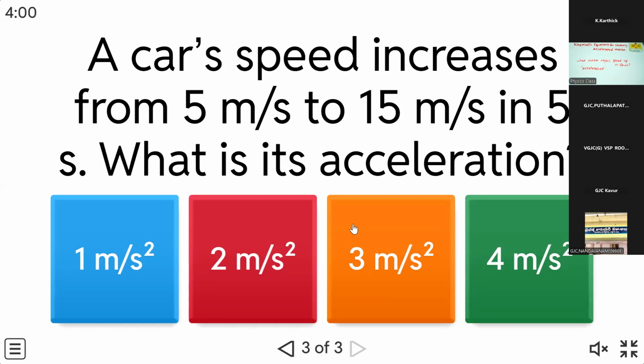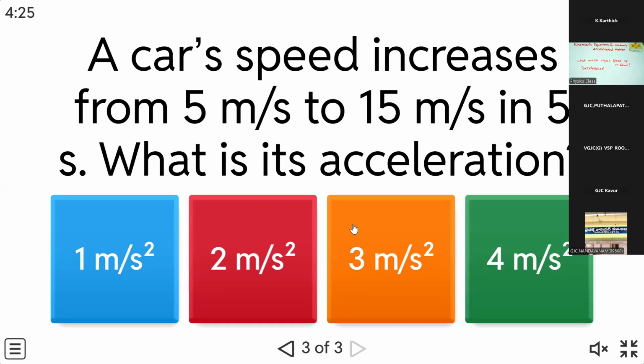Already you know that acceleration means change in velocity by time. Change in velocity means there are two velocities there: one is the initial velocity, another one is the final velocity. Is it correct?